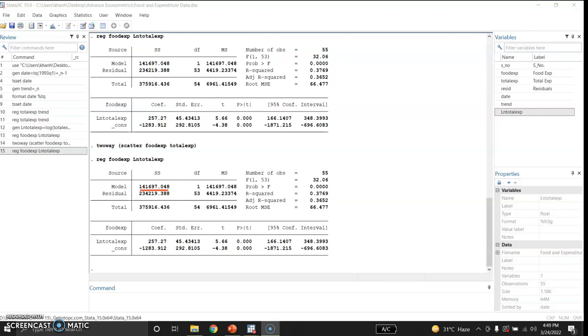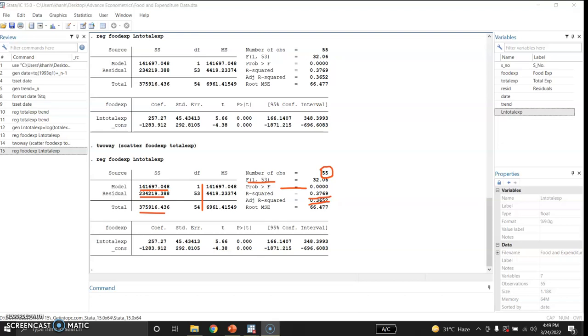We also call this model sum of squares, and this is the unexplained sum of squares, or residual sum of squares, and this is the total sum of squares. These are degrees of freedom, and here we see this is our F statistic value, which is equal to 32. Total number of observations is equal to 55. This is the p value of the F statistic. This is the R squared value. This is the adjusted R squared value.